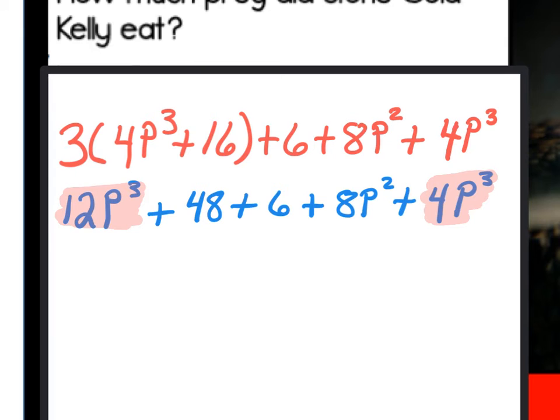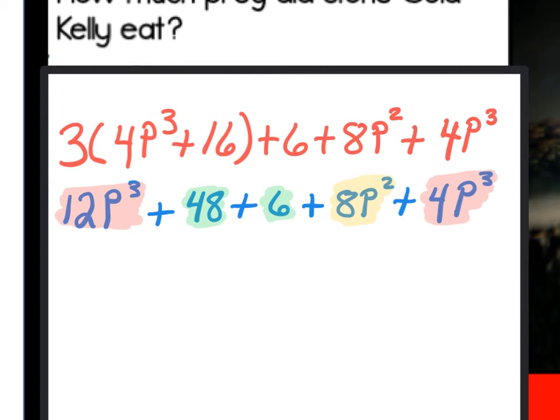Next, we'll highlight green, and the green are going to be just the numbers. I've got 48 here and 6 there. Then I'm going to use yellow for the p to the 2nd power, so I've got 1 that I'm going to color in yellow. Now I've got my 2 reds, 2 greens, and 1 yellow.